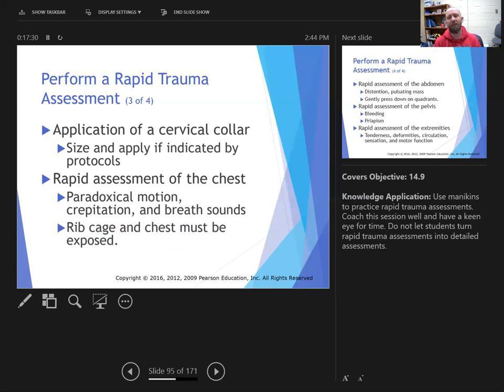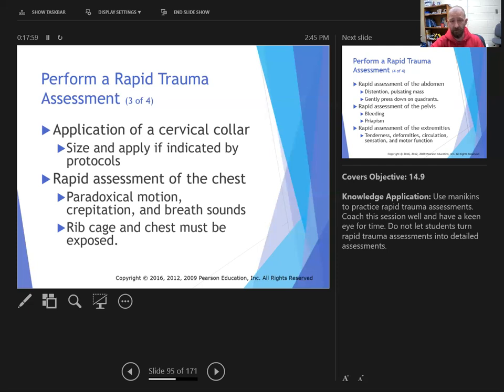For this, we need to be able to see the patient's body. Right? If we're doing a rapid trauma assessment, we're doing a head-to-toe assessment on the body. It's not good enough to not look at their body. So at this point, what we're going to do is get them what's called trauma naked. I'm going to cut their clothes off if I have to. If I can get them off without hurting or injuring them, and do it in a very quick manner, then we'll try to do that, right?